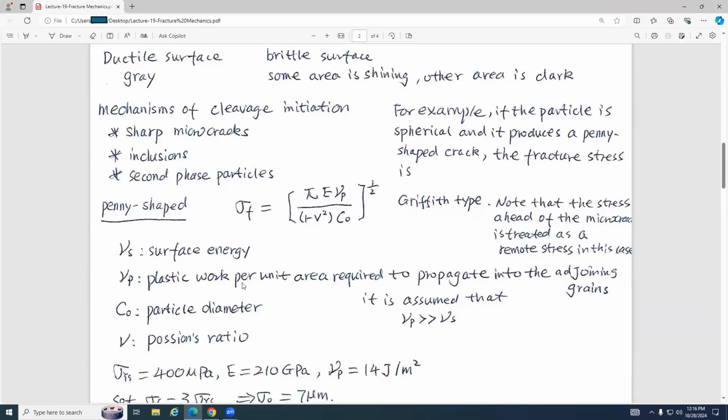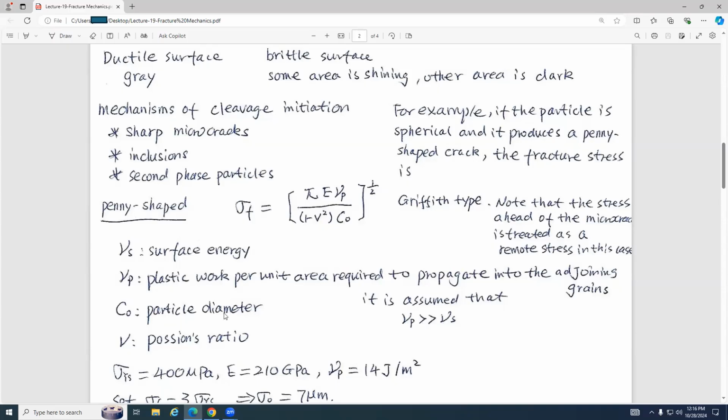Gamma p is the plastic work per unit area required to propagate into the adjoining grains. Keep in mind, P means the plastic work, and gamma S is the surface energy, we know that. Usually gamma p is far larger than gamma S. Gamma S is the surface energy the material needs to overcome in order to produce a crack.